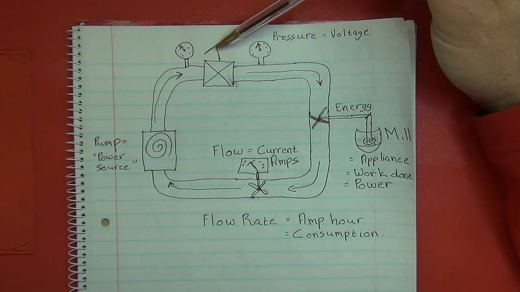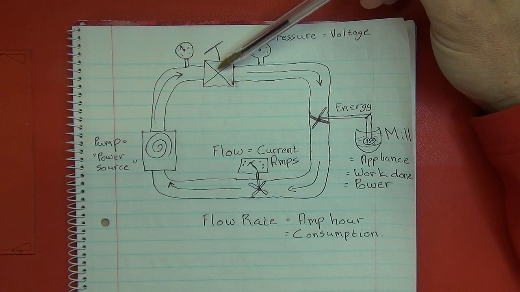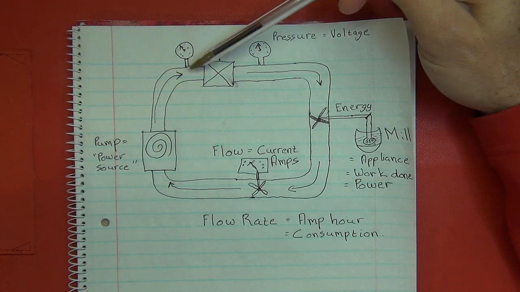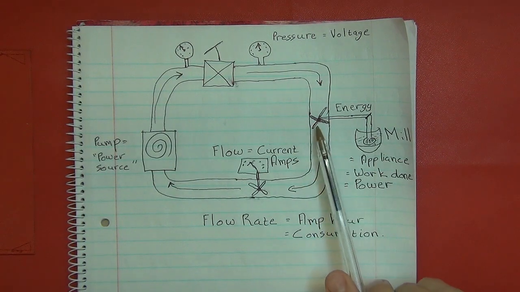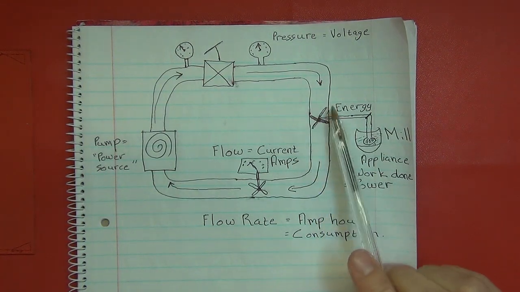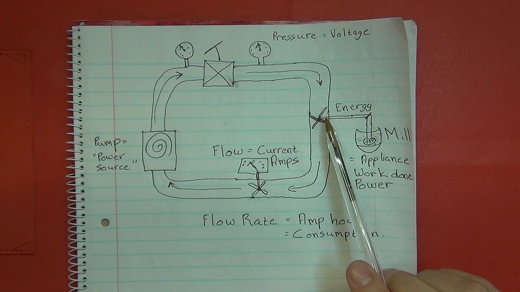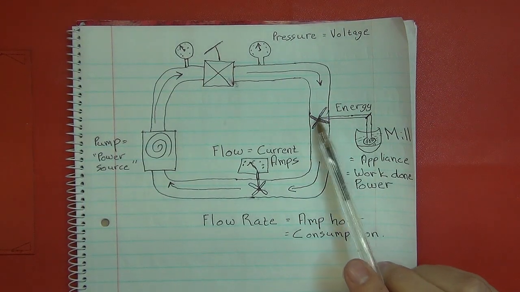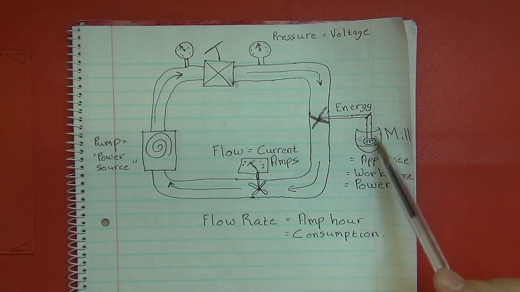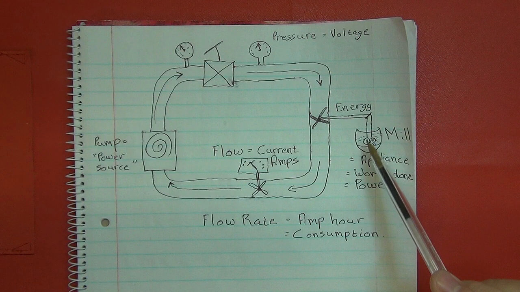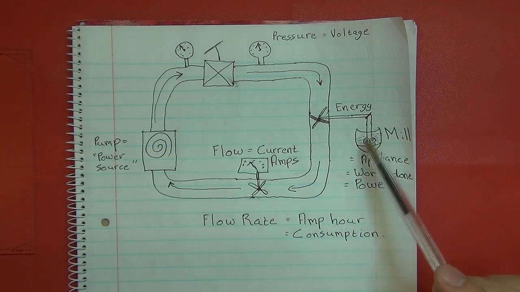Over here we have a valve which can be closed or open to allow water through. Over here is a paddle, or basically in essence an appliance, and in this case it's a paddle driving a shaft into a mill, where let's pretend that we're milling or grinding wheat into flour.